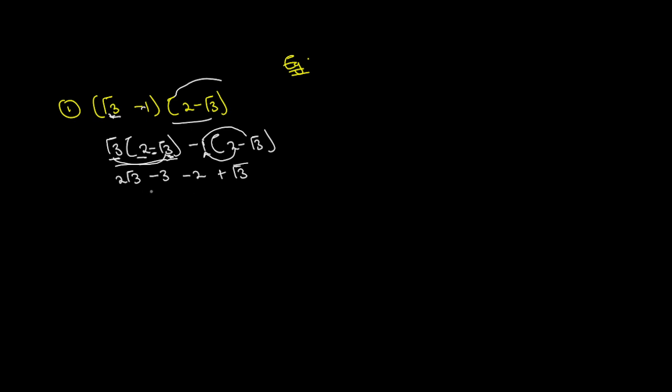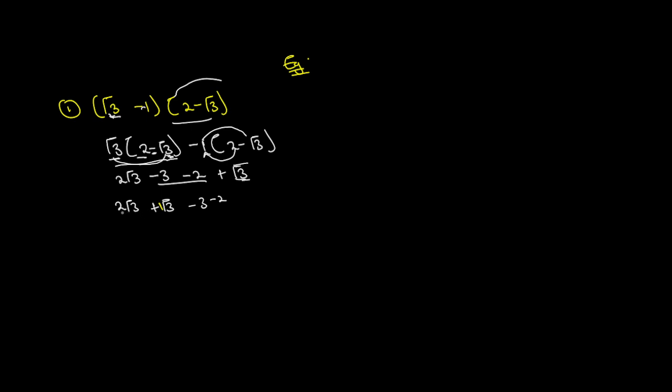Now ask yourself, do we have common terms? Yes. So here we group like terms. We can say 2 root 3, and then we can take this plus root of 3, and then we take these two, minus 3 minus 2. So what do we have? Notice I've already told you, anytime you have a number, especially here, there is 1 here, because 1 times root of 3 is the same thing. Normally we don't write it, but don't forget it is there.